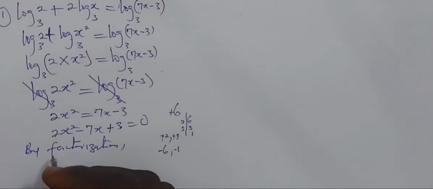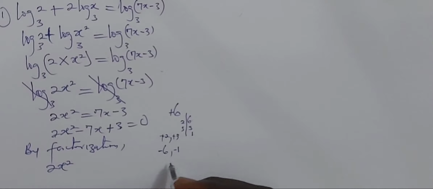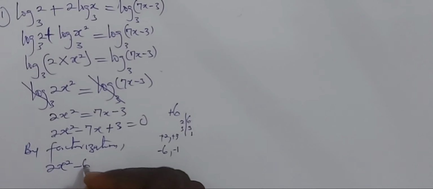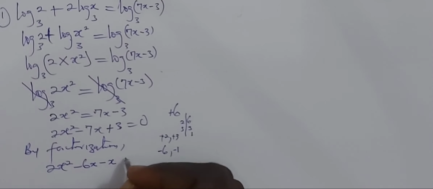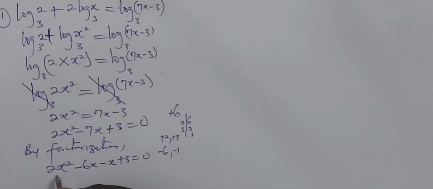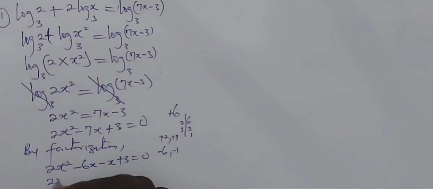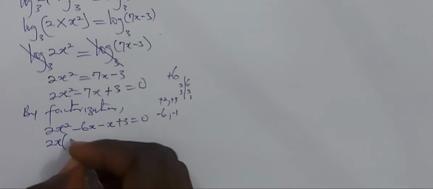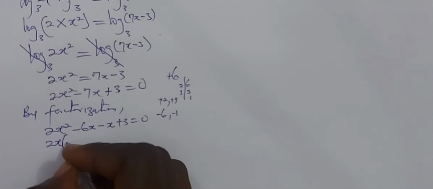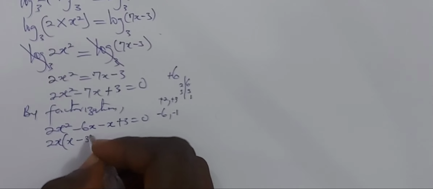So we will write it by saying 2x squared, you can write any of these, 6x minus x, which is 1x, plus 3 equals 0. So what is common here? You factorize these two and these two. So 2x is common. 2x into 2x squared divided by 2x, we have x, into this place, we have minus 3.